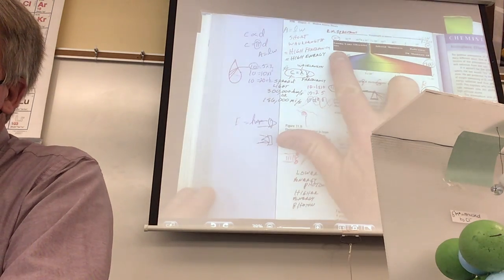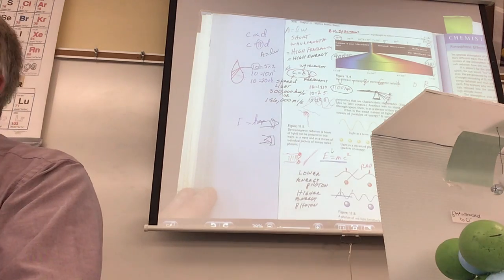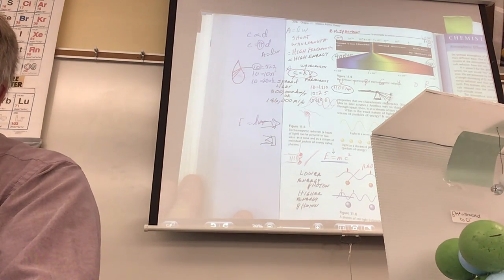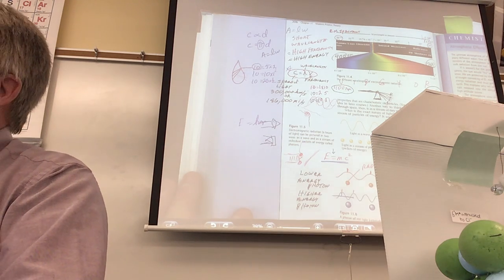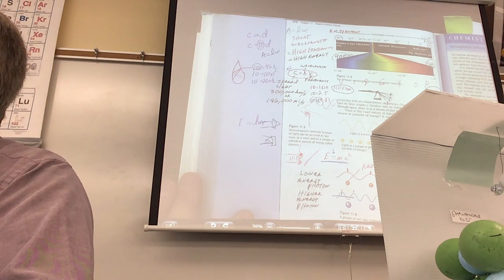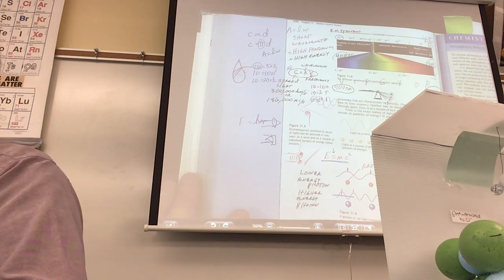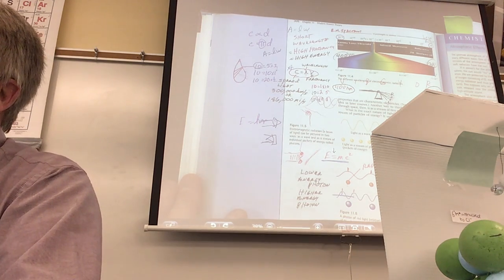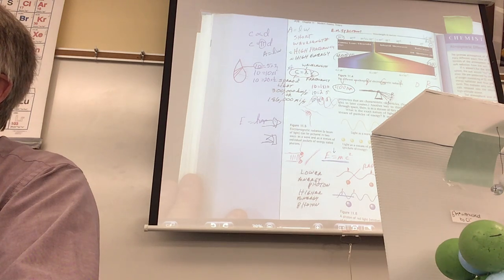This right here is what they call the EM spectrum, the whole electromagnetic spectrum. Anytime you read a book or a question on a test that says electromagnetic spectrum, if your brain doesn't like it, just replace it with the word light. The electromagnetic energy is light.